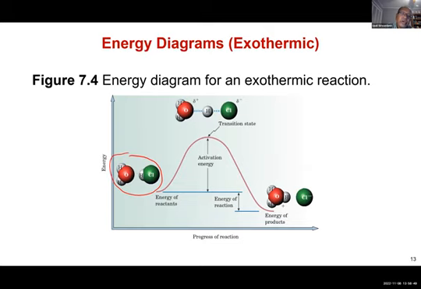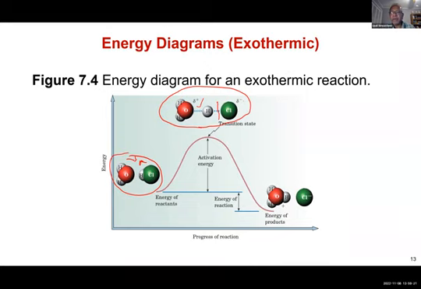They collide this way. The activated complex, or transition state, is where these two reactants come together to break a bond here and make a bond here.